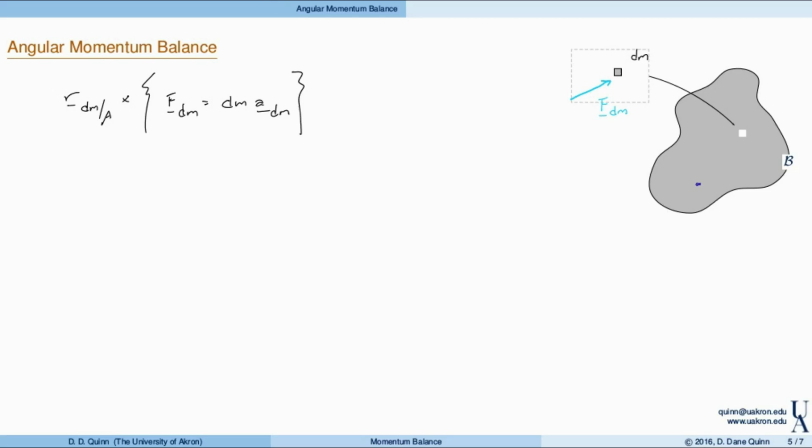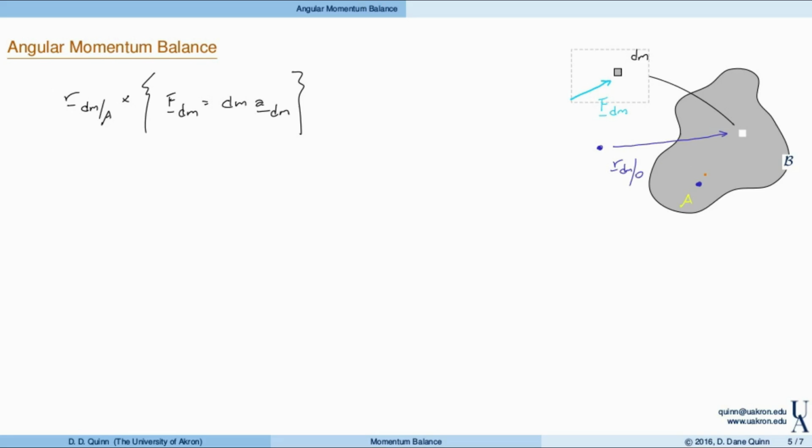Again, the idea is here we have a point A, and of course we have our origin over here. So this is the position of dm with respect to the origin.